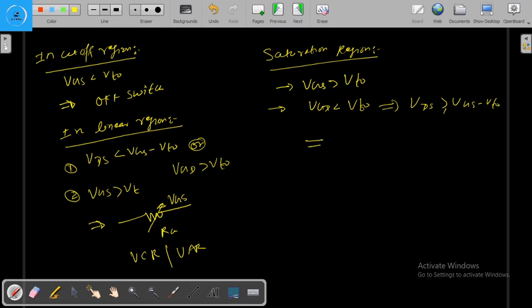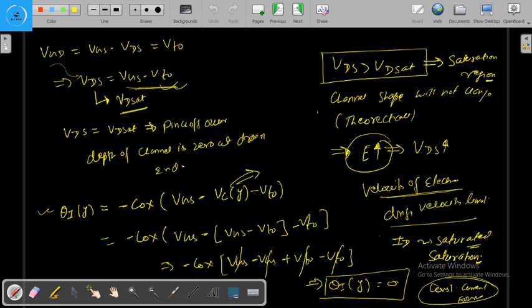In saturation region the MOSFET acts like a constant current source, and we use the MOSFET as an amplifier. So we have seen the three regions of operation for the MOSFET: first is cutoff, second is linear, and third is saturation region.